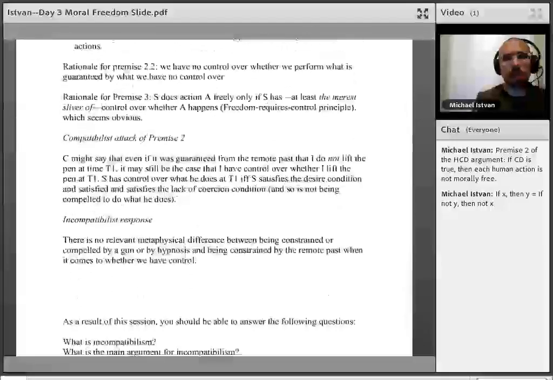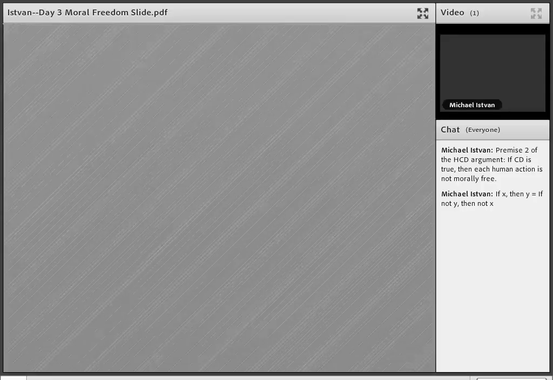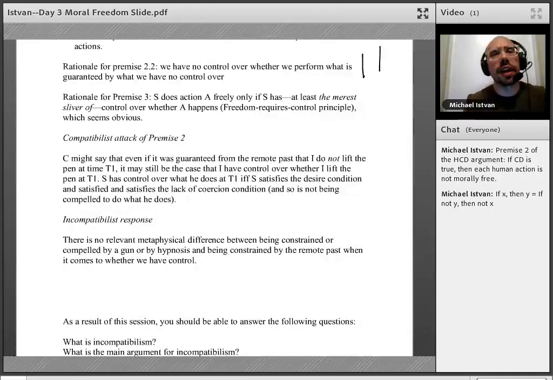Let's look at the rationale for it. This is just an expression of a principle, and that principle seems rather unassailable. Notice again, premise 3 in the contrapositive form.